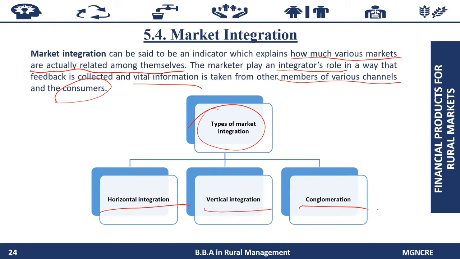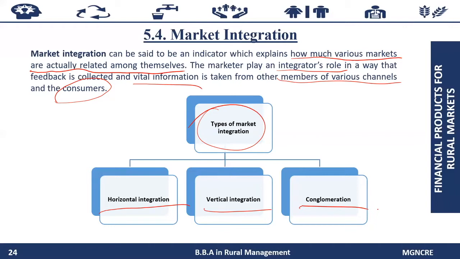In horizontal integration, the prices of one market respond to changes in price of the same commodity in the other markets too. This is horizontal integration. Then vertical integration occurs when a firm performs more than a single activity in the sequence of the marketing process.